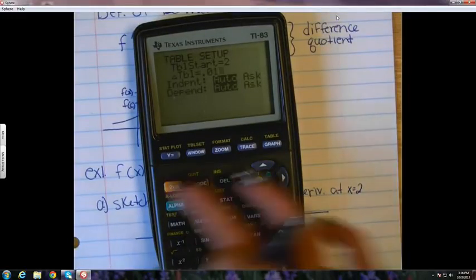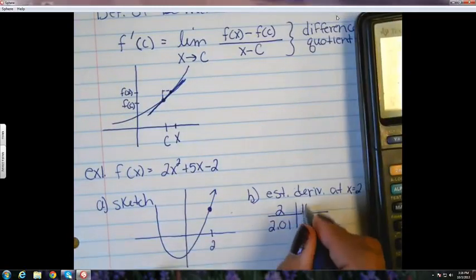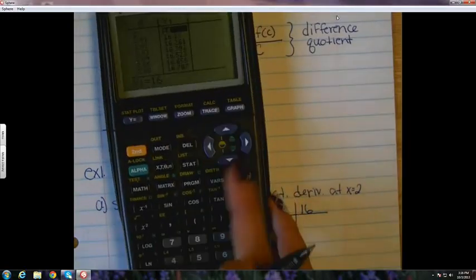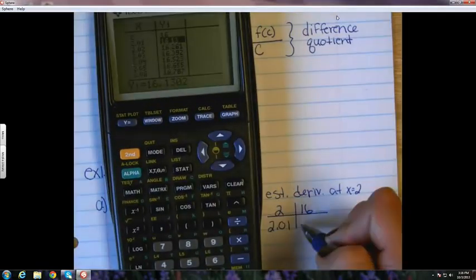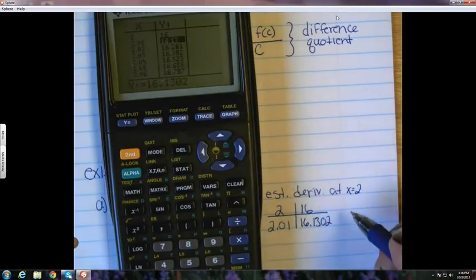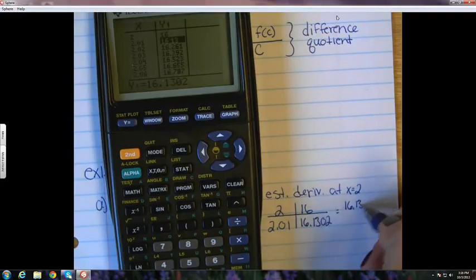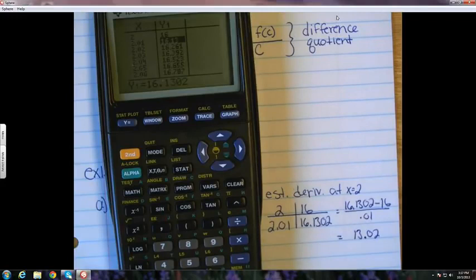At 2, the graph is up at 16. And then at 2.01, it's at 16.1302. So now my derivative, change in y, 16.1302 minus 16. Change in x is 0.01. It's going to give me 13.02. So that was our estimate.